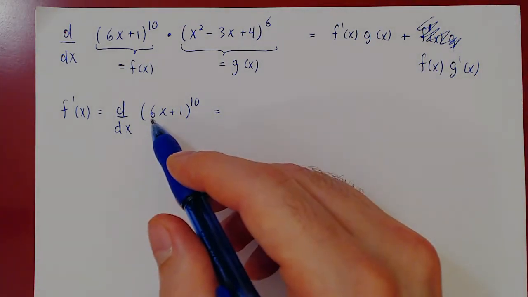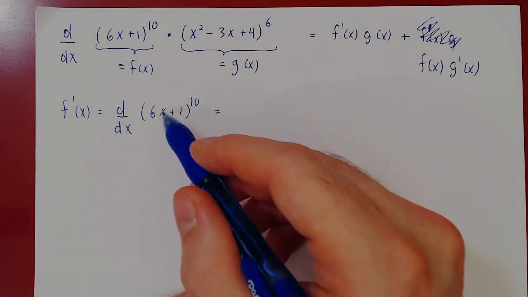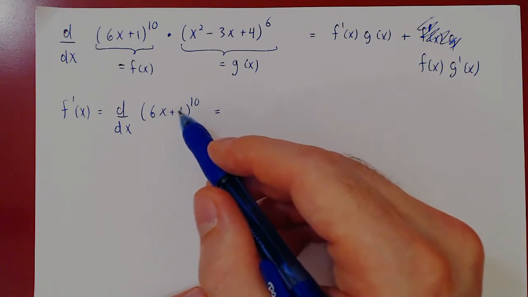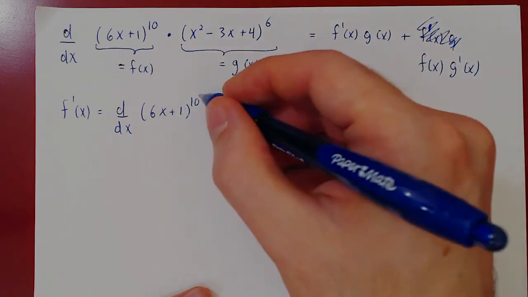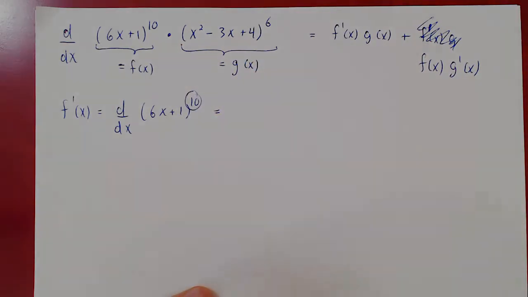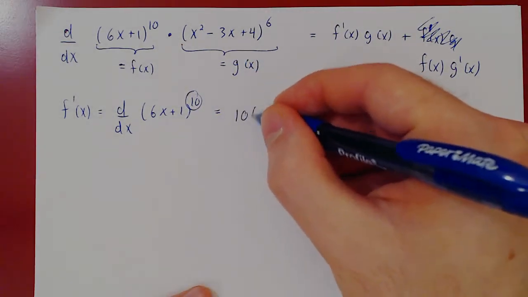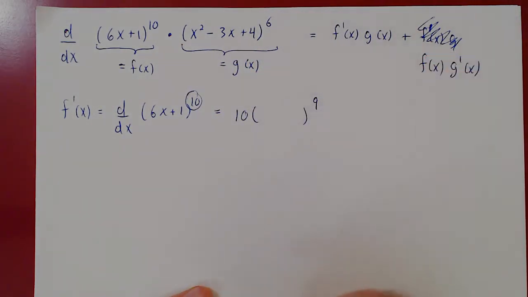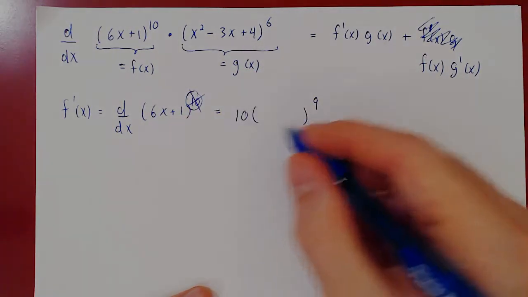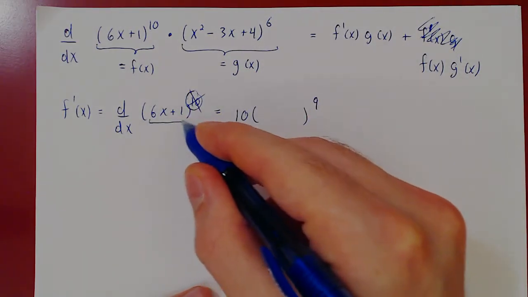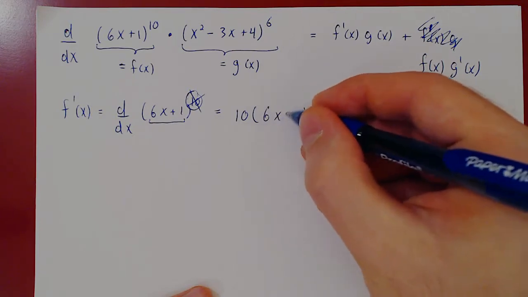So if I give you x and you plug it in here, you first do 6 times x, then add 1, and then you take the 10th power. The outside function is the power 10. We differentiate the outside function with the power rule, and we evaluate at whatever is left over, 6x plus 1.